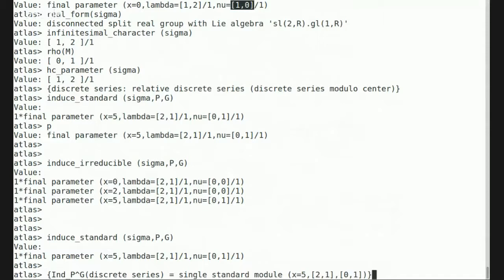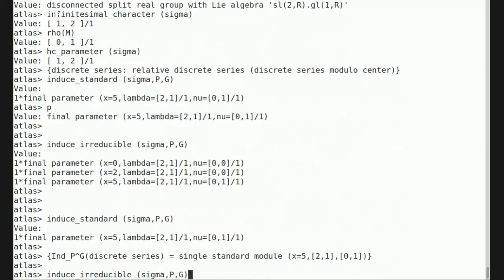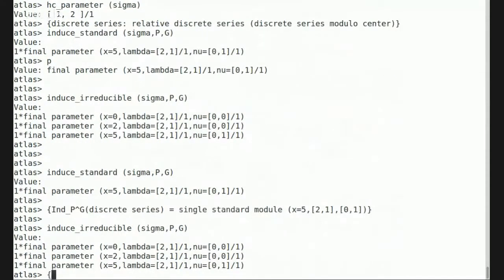That's what induced standard means. On the other hand, when I do induce irreducible, what that means is that induced from P up to G of this discrete series. Now, in this case, and often, in fact, this discrete series is both a standard and an irreducible module, so there's not really a distinction there.